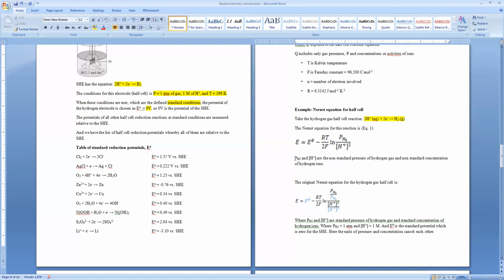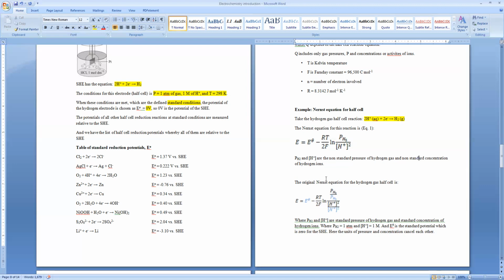The pressure of hydrogen gas and the hydrogen ion concentration are the non-standard values, meaning the pressure can be other than 1 atm, for example 2 atm, 3 atm, or 0.5 atm, and the non-standard concentration can be other than 1 molar, for example 1.5 molar, 10 molar, or 0.01 molar, and so on. So this is the Nernst equation to calculate the non-standard potential of that same reaction.